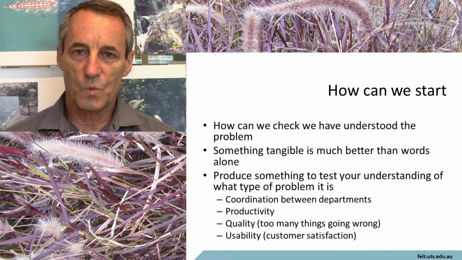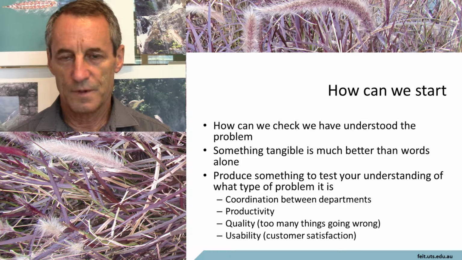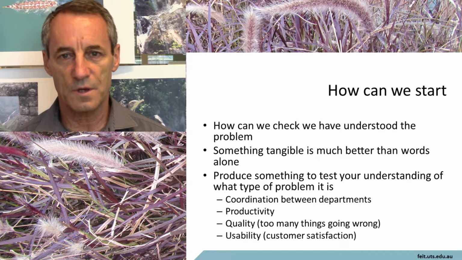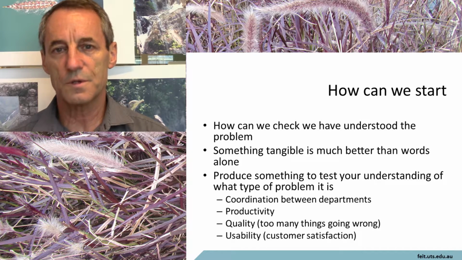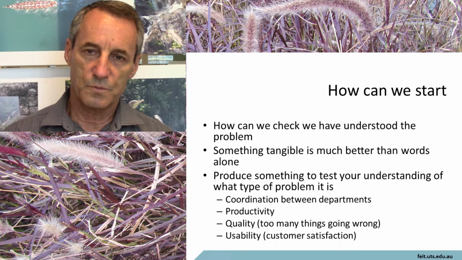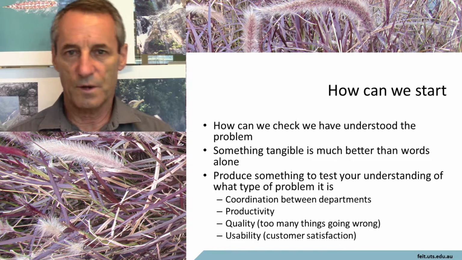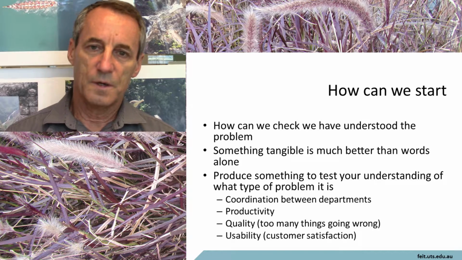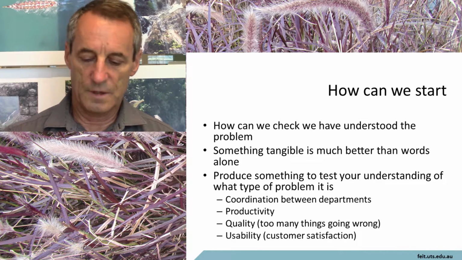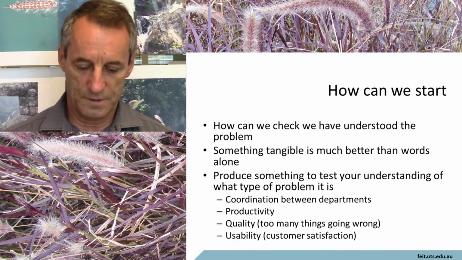Now, what it does for you, it allows you to test out your coordination within the team and your coordination between yourselves and the customer. It allows you to check what your productivity is doing. How are you working together? It allows you to test out how you're producing the quality, and it allows you to test out the usability.